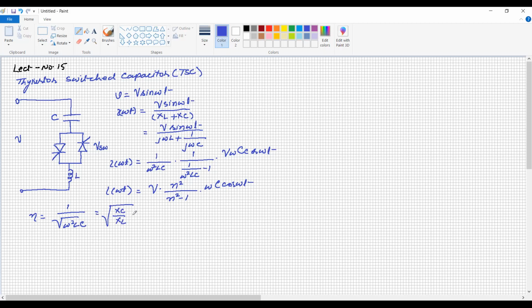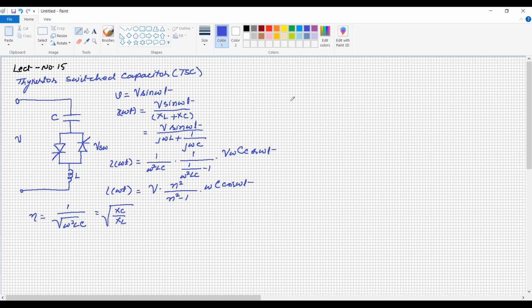This is one. So if n is large, we can say that the voltage across the switched off capacitor is nearly equal to the rated voltage. This is the meaning.